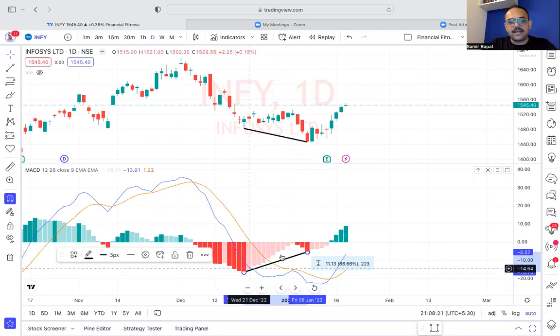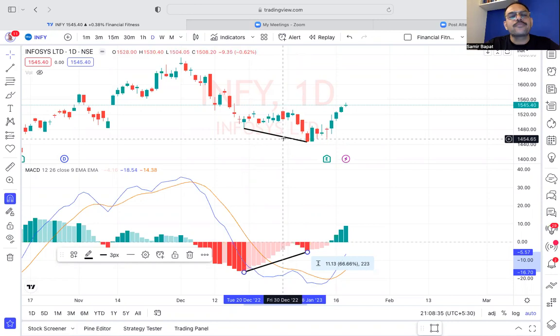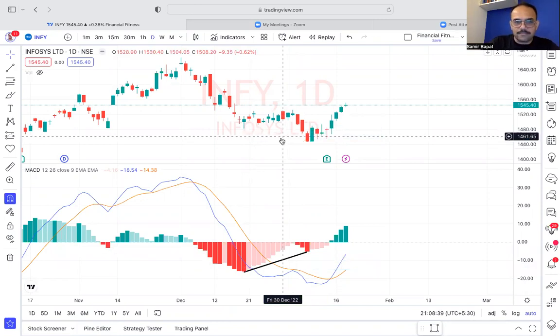So we have a higher low in the histogram, but a lower low in price. This is a divergence. Whenever we have a divergence, this is an opportunity. The same principle will be applicable in RSI also. I'll take RSI sometime.